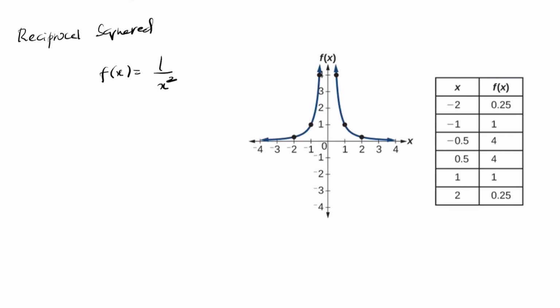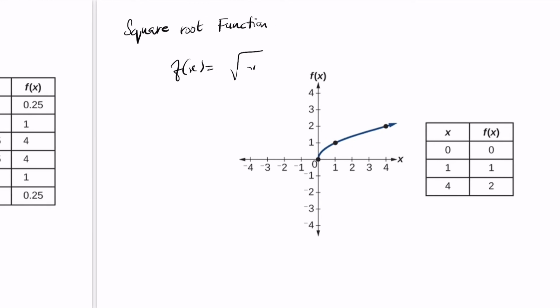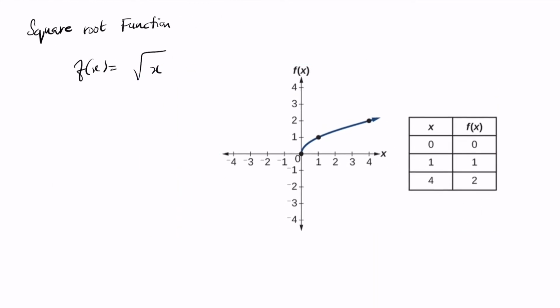Let's look at the last one, a square root function. The square root function is f of x equal to root x. So this is what the function looks like.